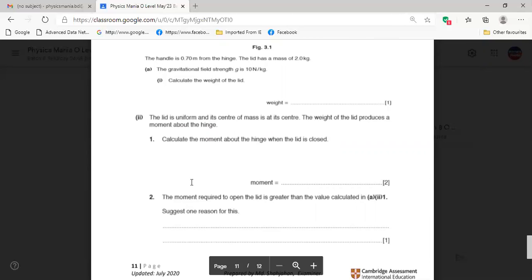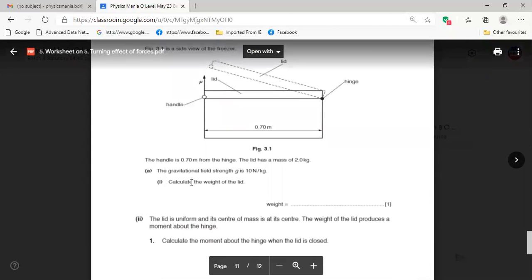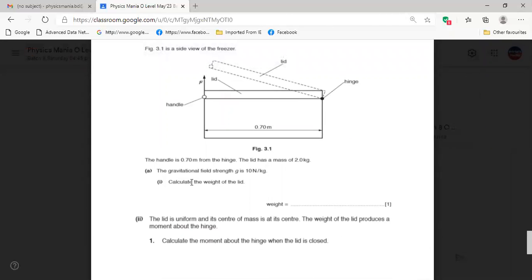Okay, let me calculate this. Calculate the moment about the hinge when the lid is closed, right? So here we have the lid and the position of the hinge is clear to us.